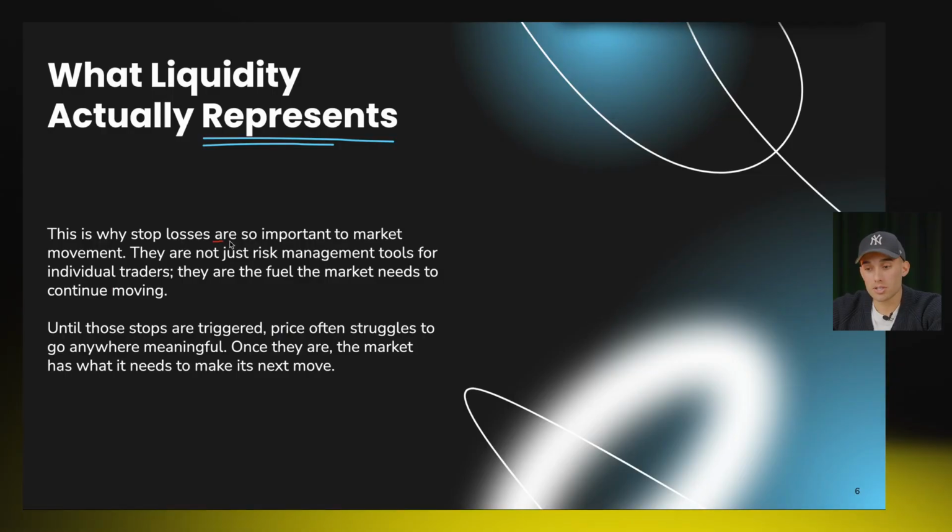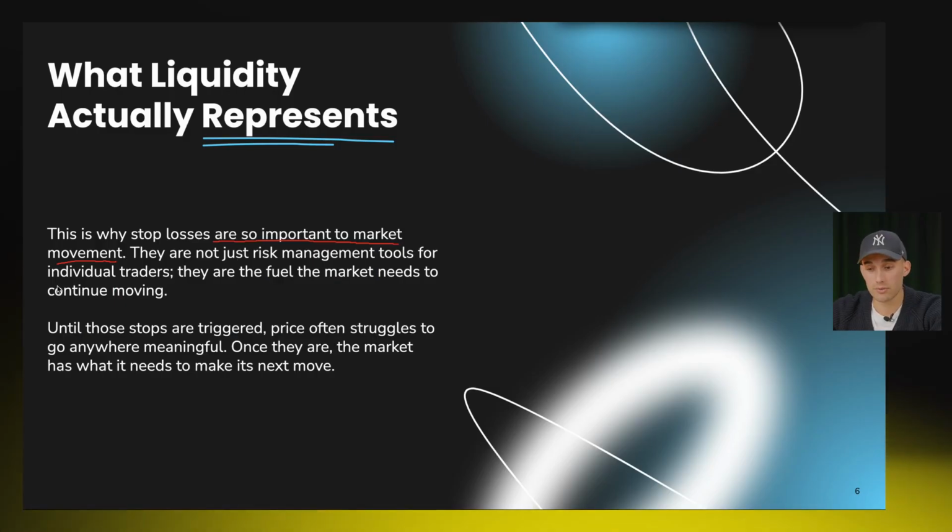Quite simple, quite straightforward. This is why stop losses are so important to market movement. And honestly with you guys, that is probably the most important type of liquidity I would look for, right? I view the market as buyers have stop losses here and sellers have stop losses here, okay? And you guys will understand that more and more as we go forward with this. They are not just risk management tools for individual traders.